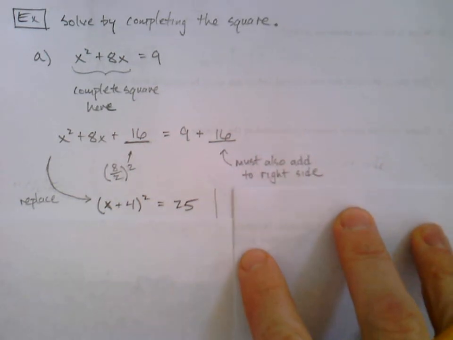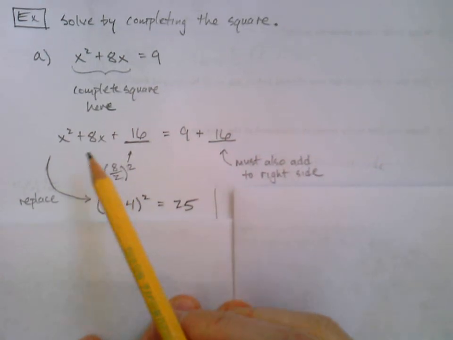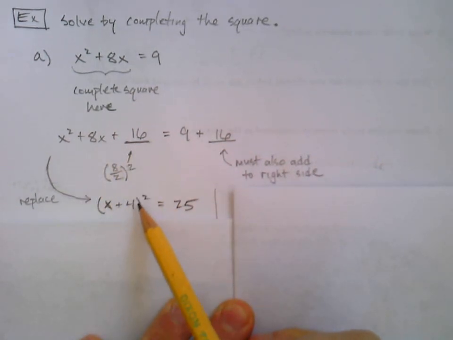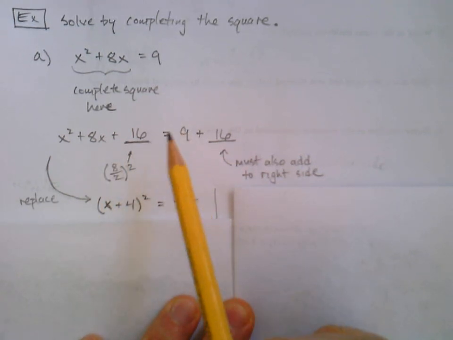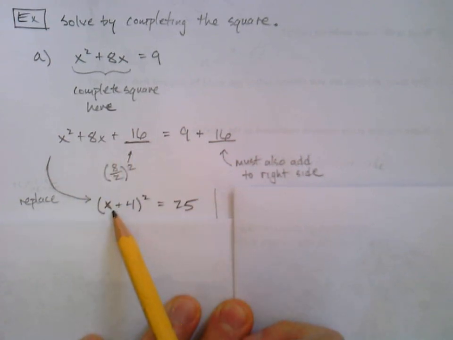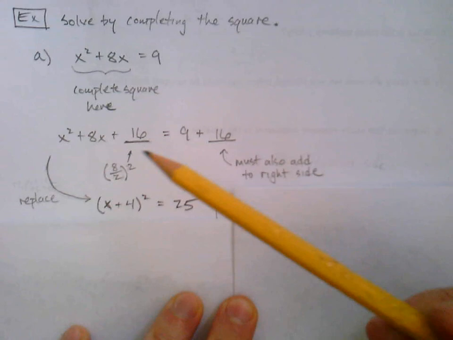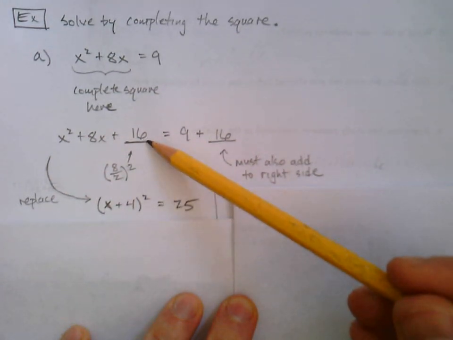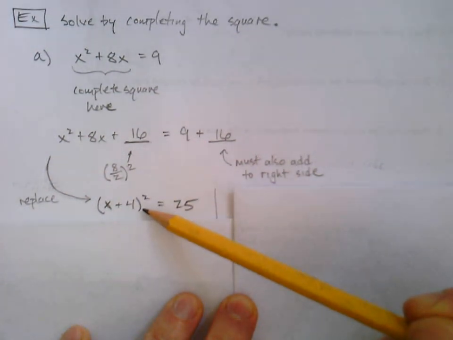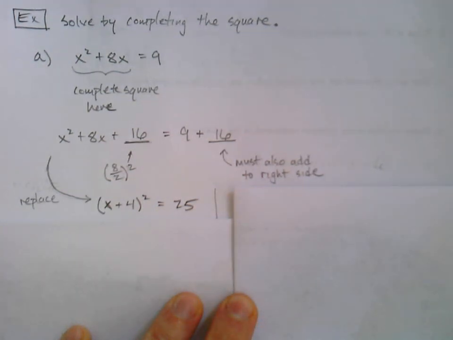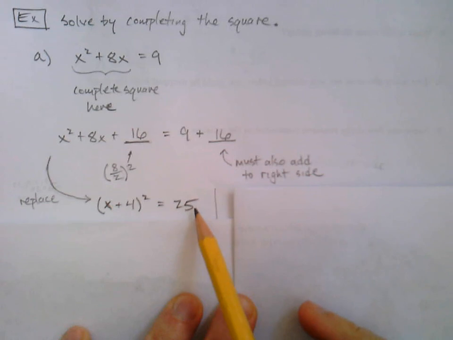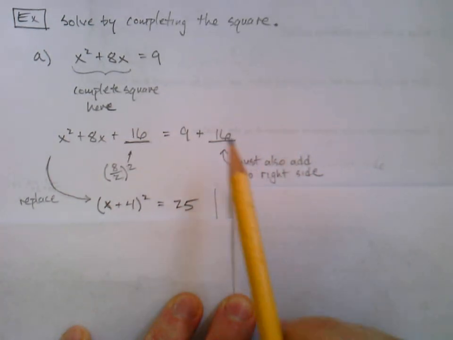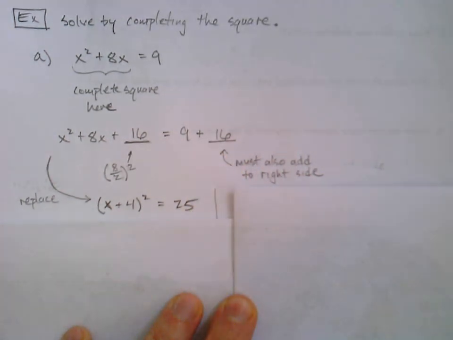Let's cover that up. I'm going to replace this with x plus 4 squared. What it would have been equal to, right? So that's the quantity x plus 4. So after I complete the square, I rewrite it in its factored form, really. At the same time, let's take the 9 plus 16. We're just simplifying there. 9 plus 16 is 25.